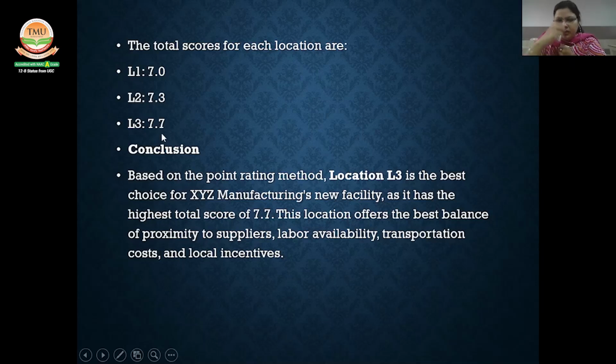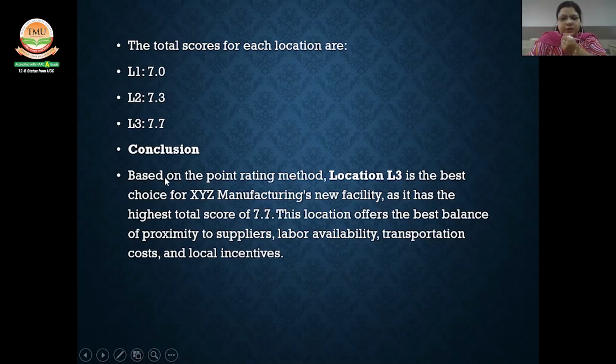So this is the conclusion: based on the point rating method, location 3 is the best choice for the XYZ manufacturing new facility as it has the highest total score. This location offers the best balance of proximity to supplier, labor availability, transportation cost and local incentives.